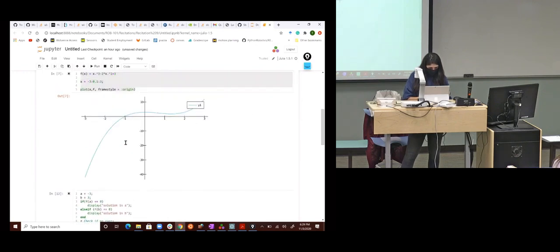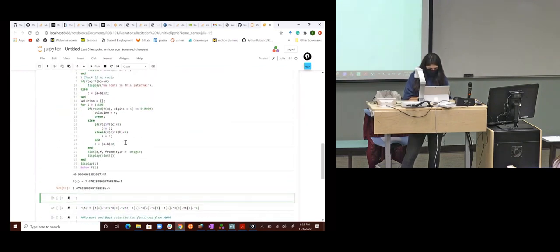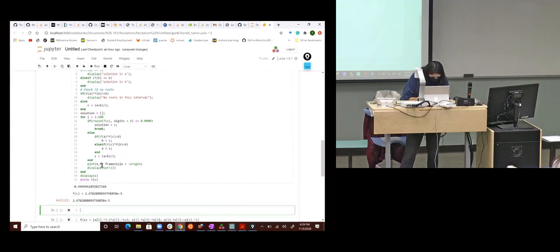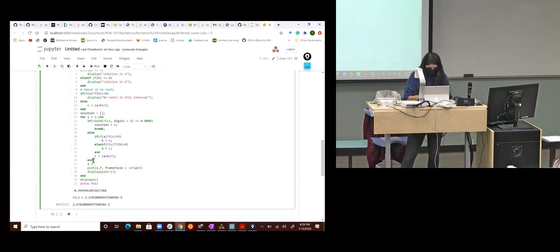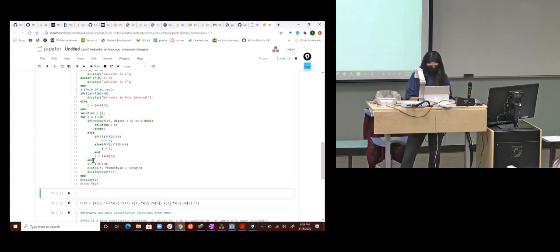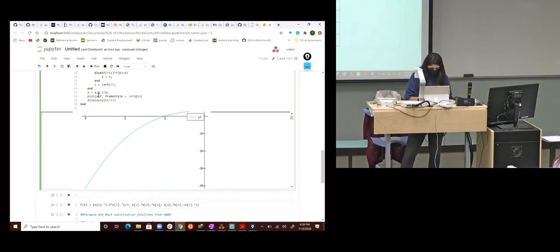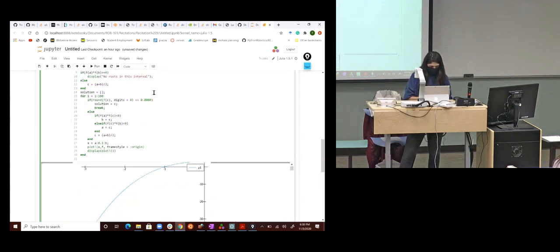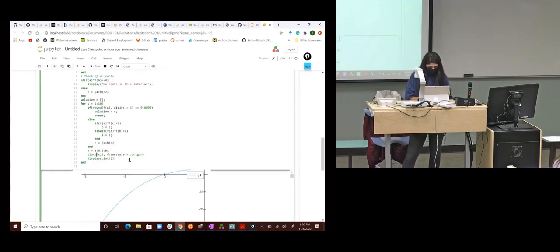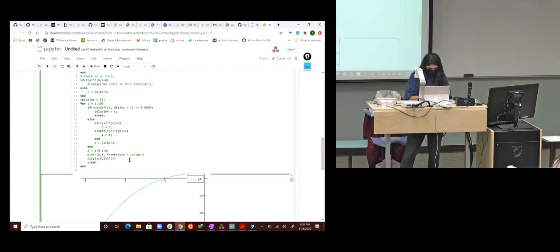And our x will go from A to B with intervals of 0.1. It creates new ones. Oh, I forgot the sign. Okay.